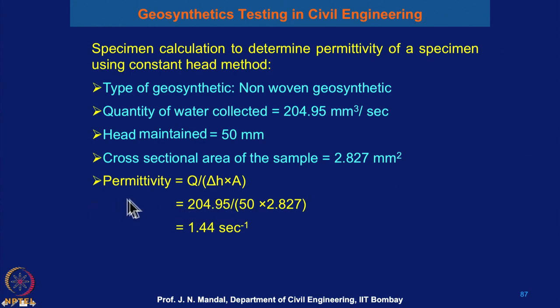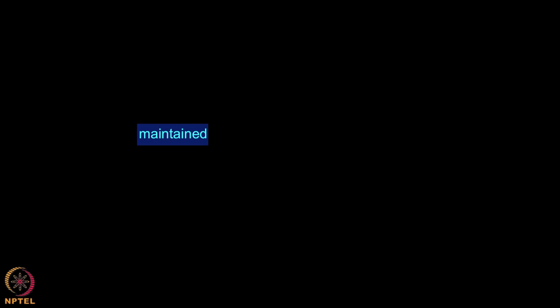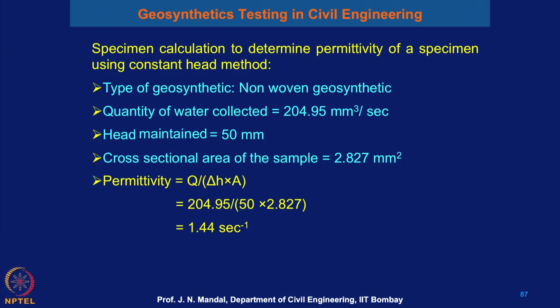You know the equation: permittivity is equal to Q by delta H into A. So, Q is 204.95, divided by delta H, the head measurement of 50, into the cross sectional area of the sample, 2.827. If you calculate, you obtain a permittivity of 1.44 per second. So, this is what we call the permittivity of the geosynthetic material.